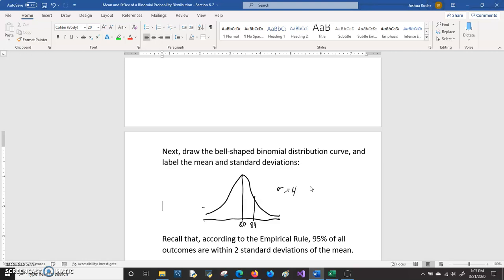So this will be 84, this will be 88, this is 92, down here that's 76, 72, 68. But our criteria is that if anything is more than 2 deviations away, either past 72 or past 88, then it's considered unusual.